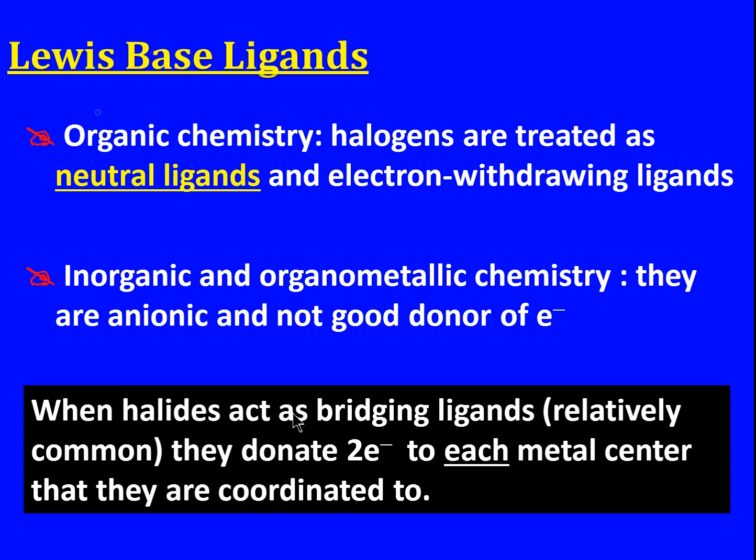When halides act as bridging ligands, as we said, they donate 2 electrons to each metal center, and we have several types. We have mu2, where the halide bridges 2 metal centers, or mu3, between 3 metal centers.